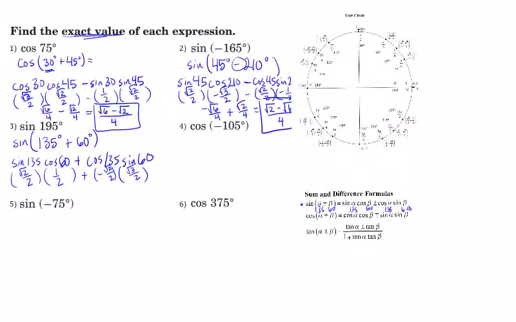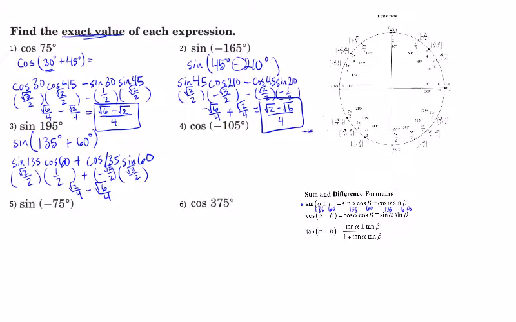All right, so what we end up getting is root 2 over 2 times 1/2, which is root 2 over 4. And negative root 2, change that to a minus. Negative root 2 times root 3 over 2 is going to be negative root 6 over 4. And so we end up with actually the same thing we had on the last one here, right? So we end up with root 2 minus root 6, all over 4.